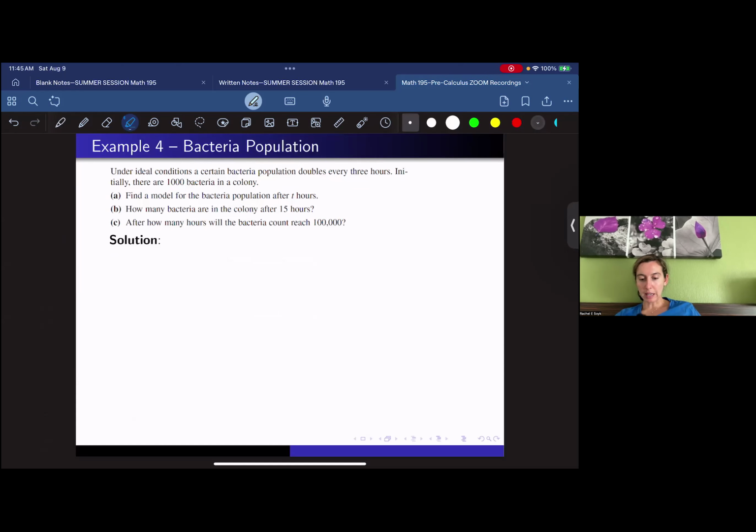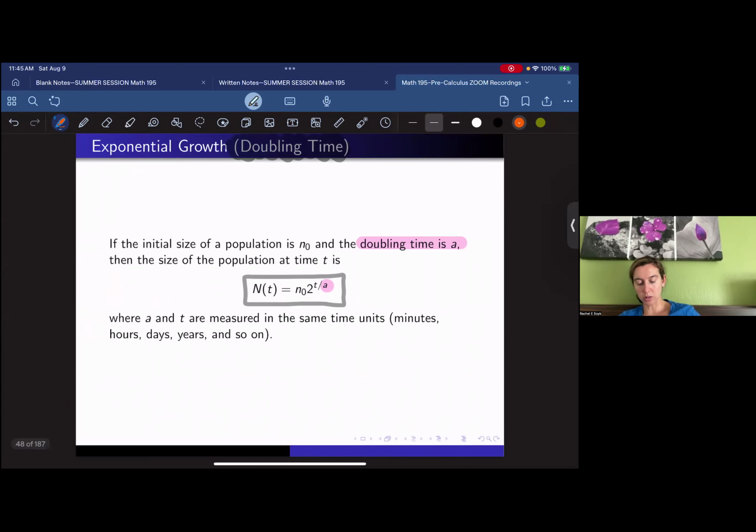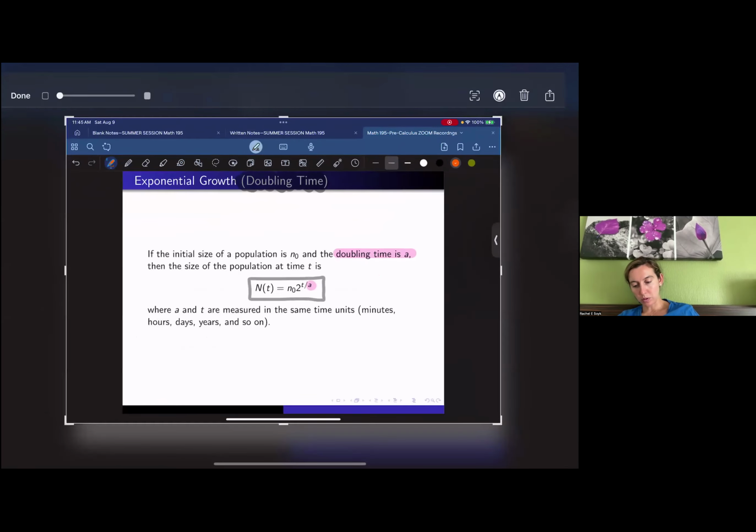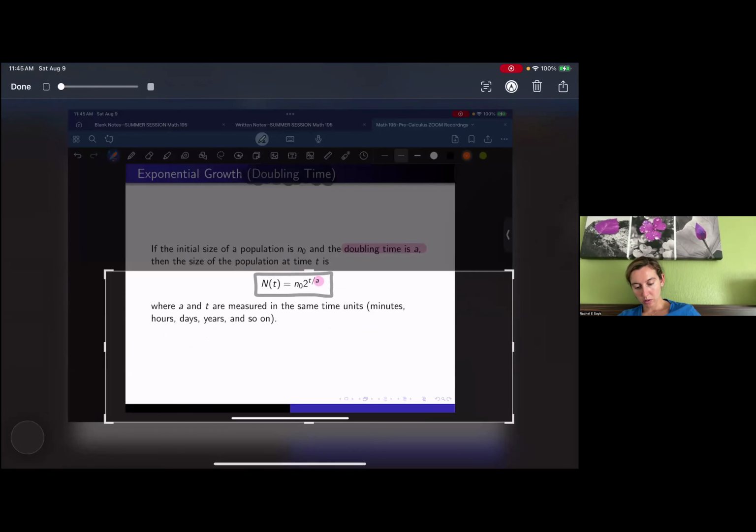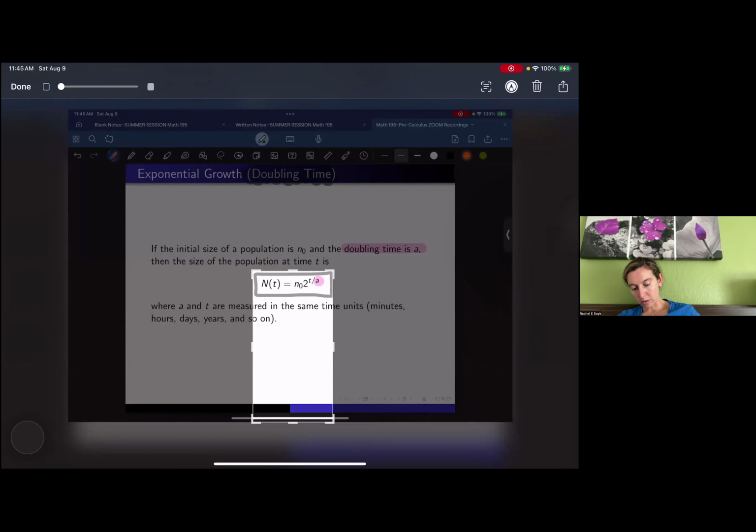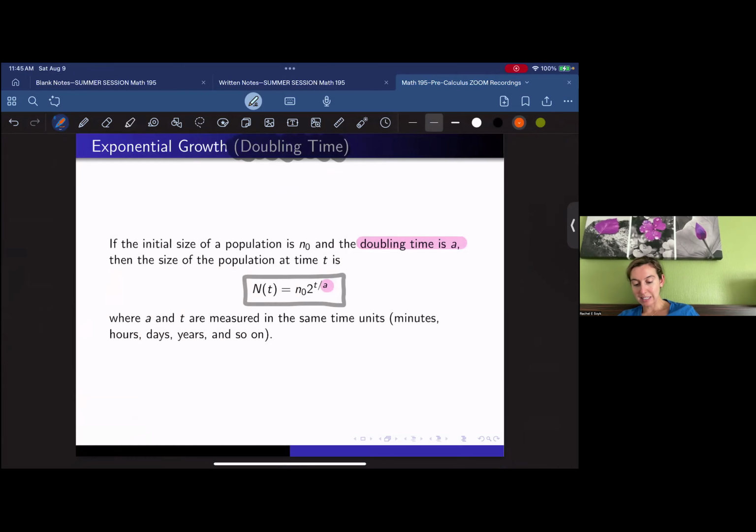So let's look at this example. Let's write our general equation, N sub 0 times 2 raised to the t over a.